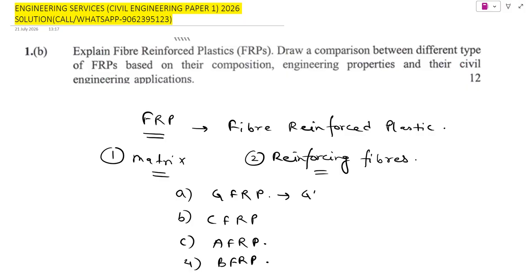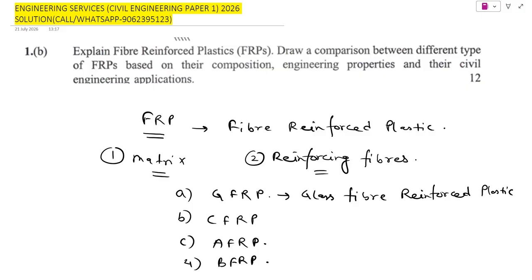That is glass fiber reinforced plastic, and the fiber used here is glass fibers. Strength is high, stiffness is moderate, weight is light, and corrosion resistance is excellent. It has the lowest cost, fatigue resistance is good, and electrically it is non-conductive.